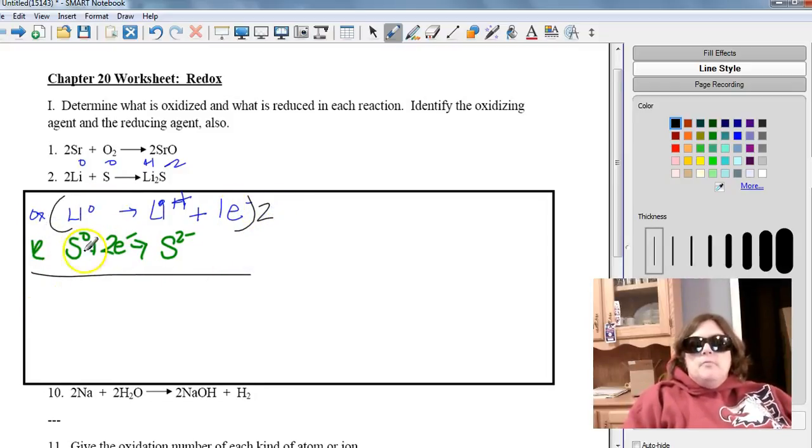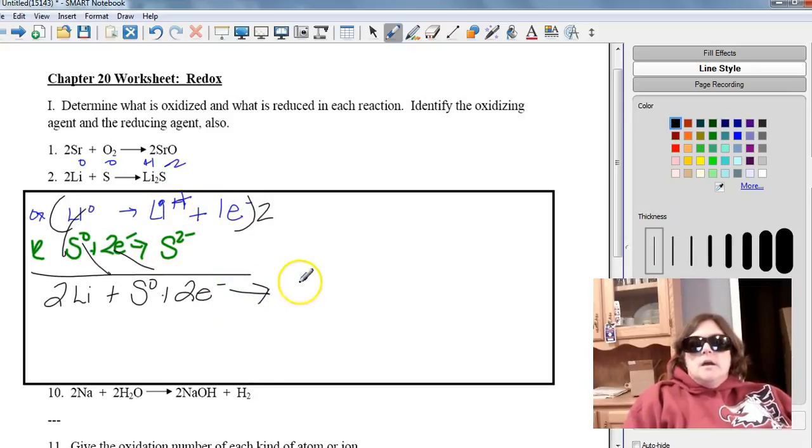Okay? If we combine these into a balanced equation, we get 2 lithiums plus 1 sulfur plus 2 electrons. So I've just brought the lithium down there, the sulfur here, the electrons there.